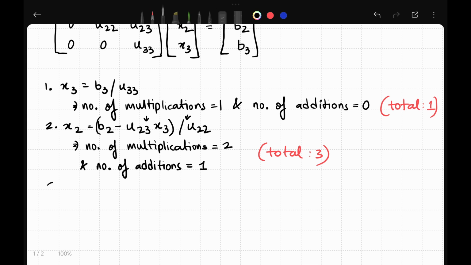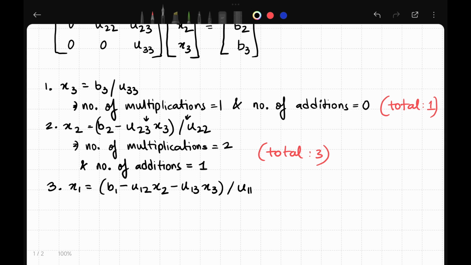And next let's do it for x1, which will be, okay, so this is a bit complex, but you'll get this. I have solved this on the side and I'm just writing it down from that. Minus u13 x3 divided by u11.